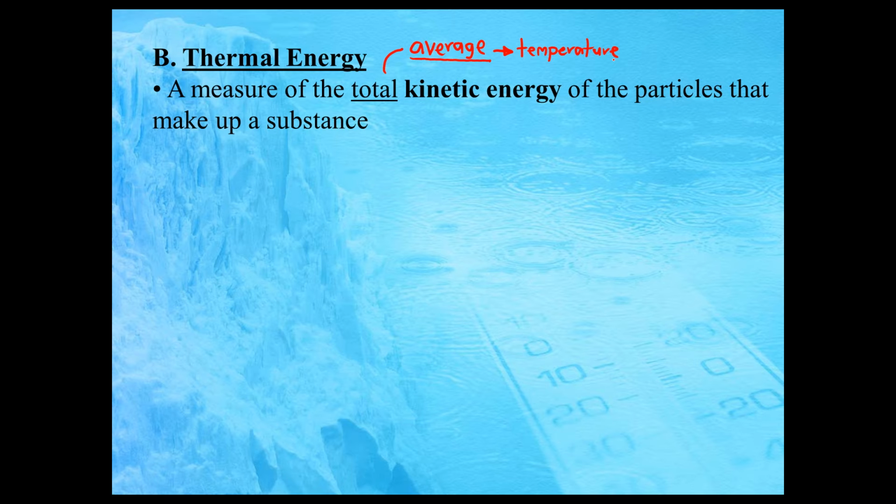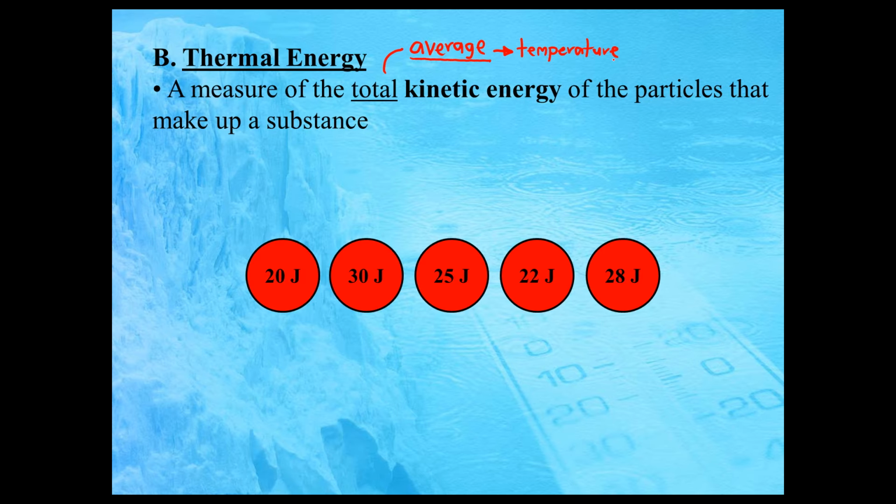Now, even though there's only one word that distinguishes thermal energy from temperature, there is quite a bit of a difference in terms of determining the total kinetic energy of particles that make up a substance compared to the average. Well, let's go back to our substance that's made up of 5 particles. So we have the 20 joule particle, the 30 joule particle, 25 joule particle, 22 joules, and 28 joules.